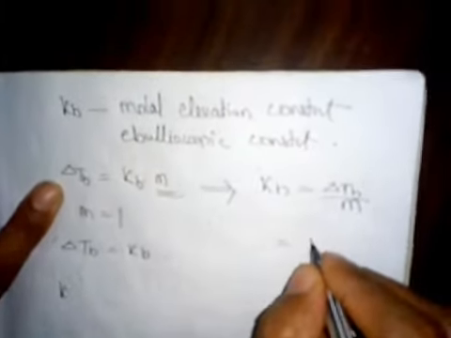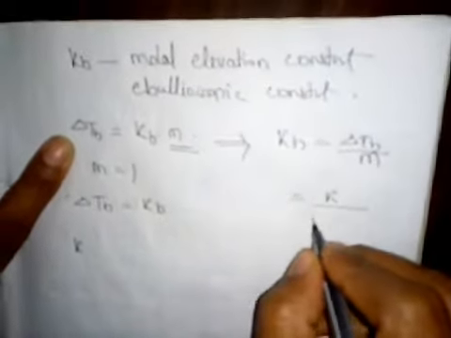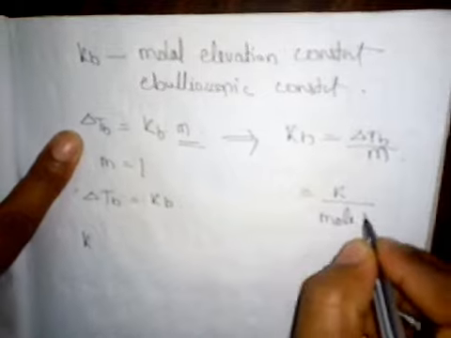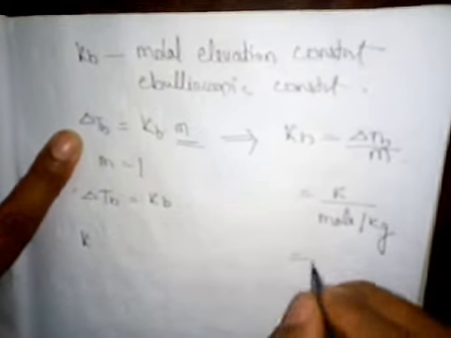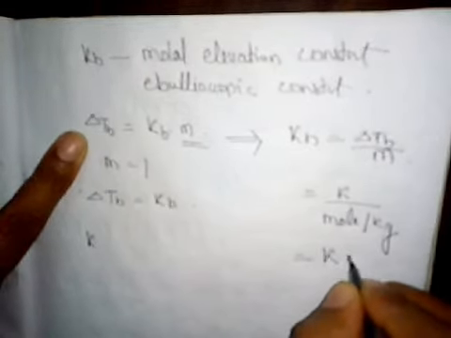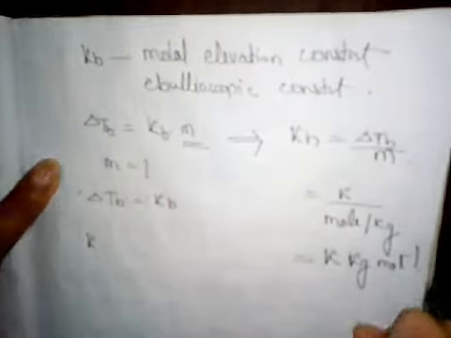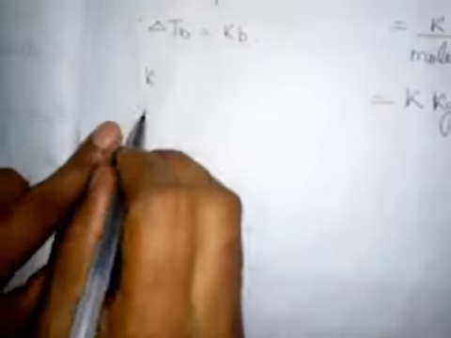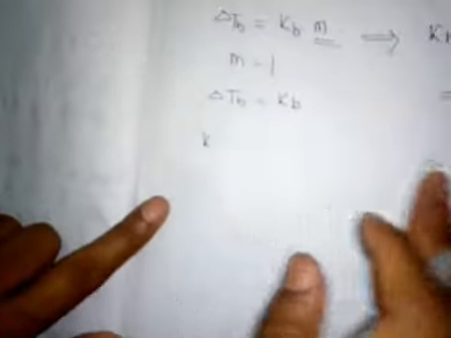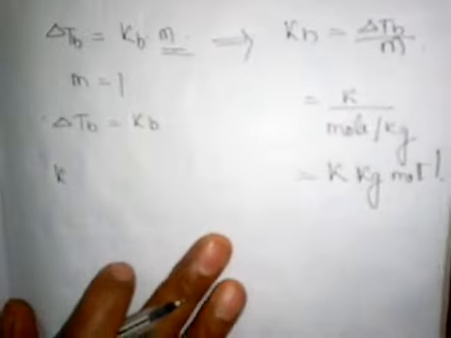Delta Tb is in Kelvin and molality is in moles per kg. So the unit becomes Kelvin kg mole inverse. As elevation in boiling point depends upon molality, that is the number of moles of solute, and not upon the nature of the solute, it is a colligative property.